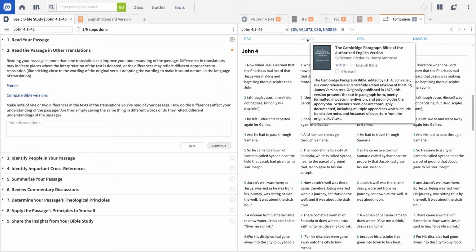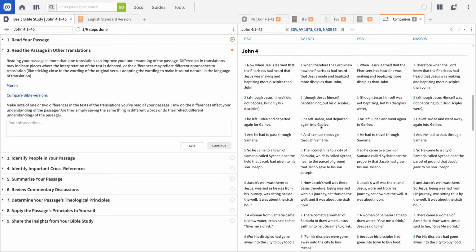Scrivener's revisions are thoroughly documented, including multiple appendices, which include translation notes and instances of departure from the original KJV text. Okay, this is close to the KJV. Why not? Let's put it in here. We'll just keep in mind that I'm not super familiar with this translation, so we're not going to put too much weight on it. Excuse me, I'm just adjusting my mic.